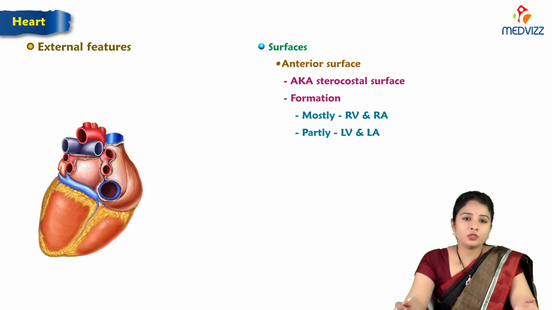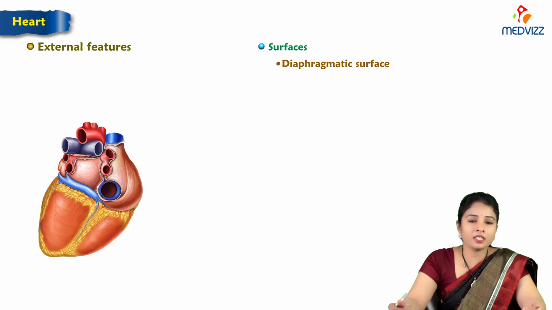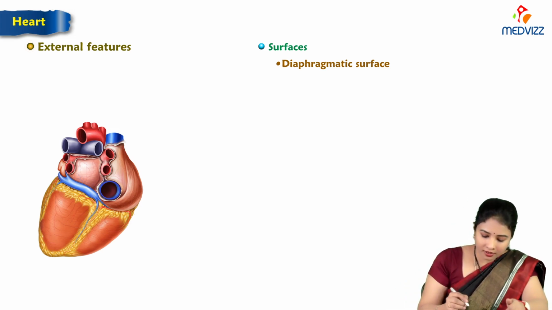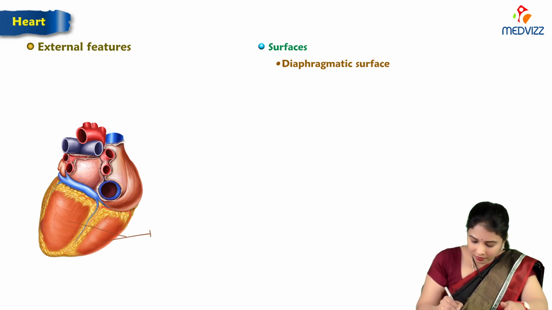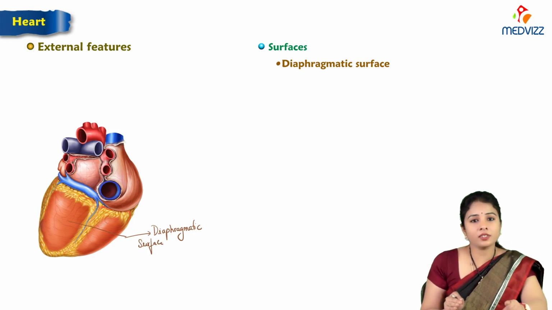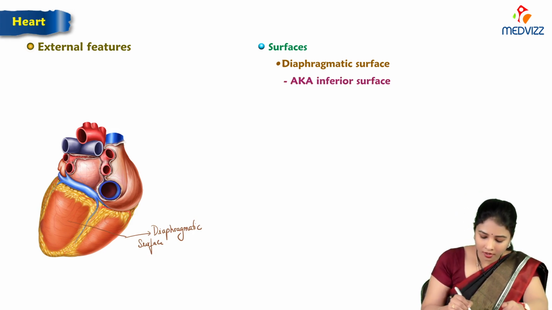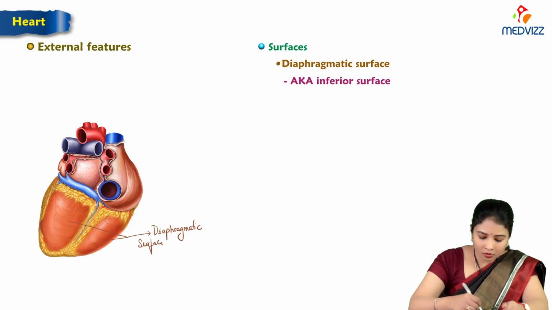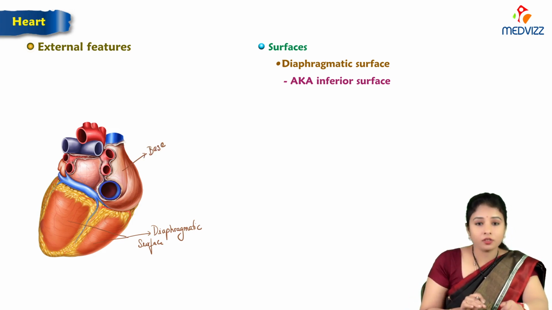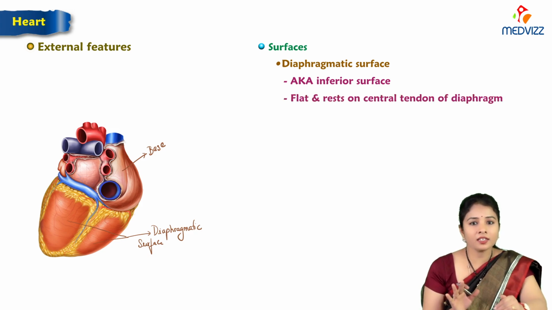Okay, the next surface we will discuss is the diaphragmatic surface. Here we can see the diaphragmatic surface of the heart. This whole area is the diaphragmatic surface. It is otherwise called the inferior surface of the heart, and we can also see the posterior surface, which is called the base of the heart, from this view. The diaphragmatic surface is flat. It rests over the central tendon of the diaphragm.